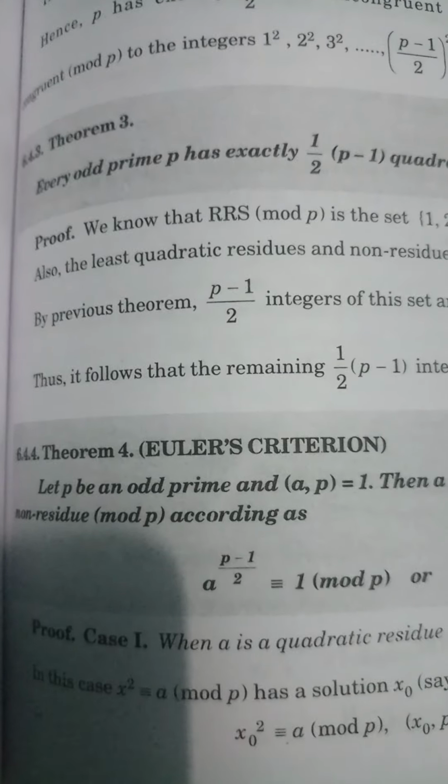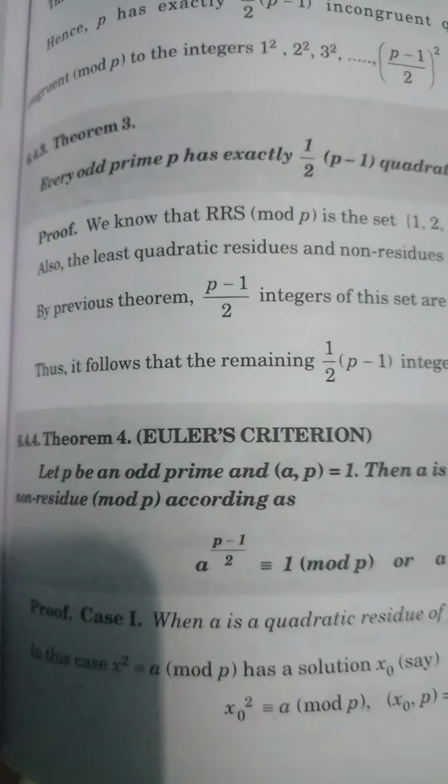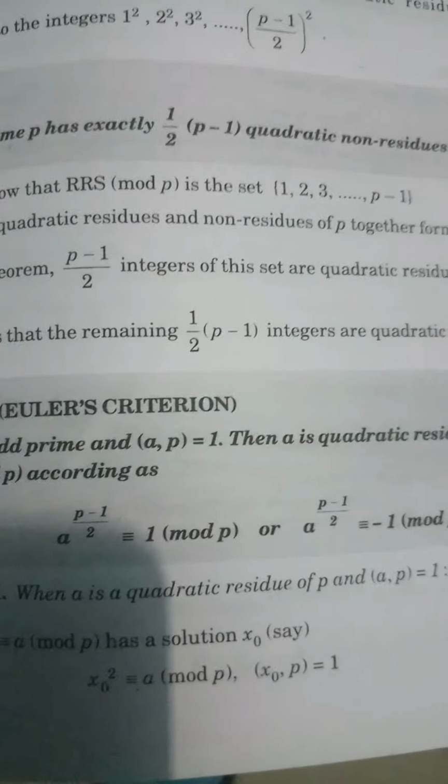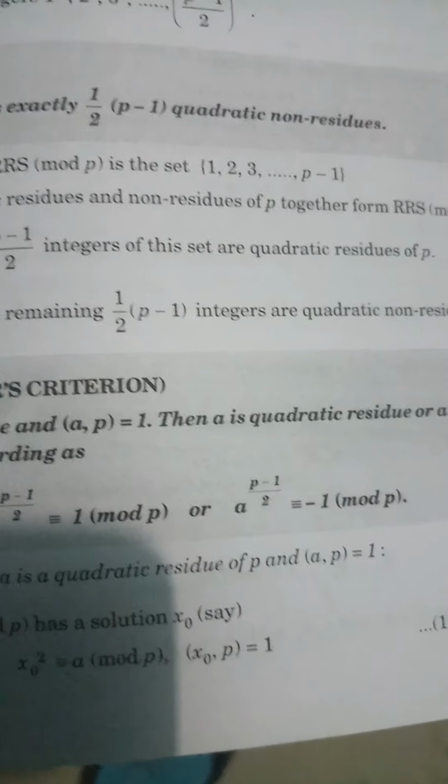The next theorem is Euler's criterion. Let p be an odd prime and a, p coprime.